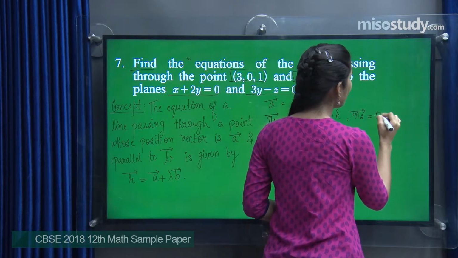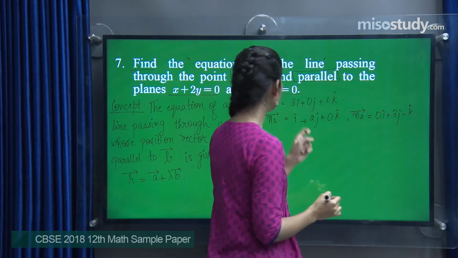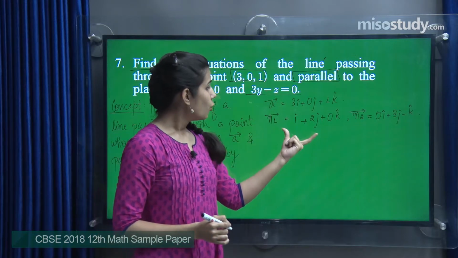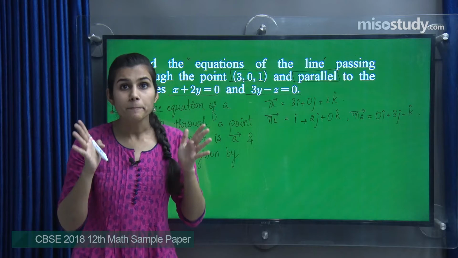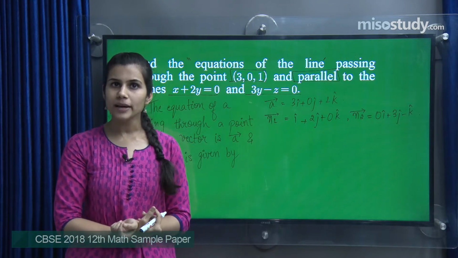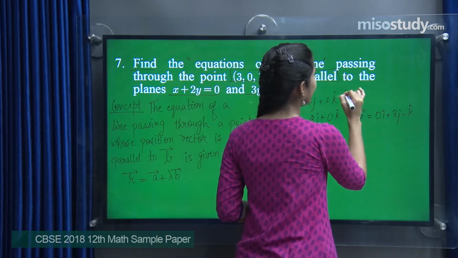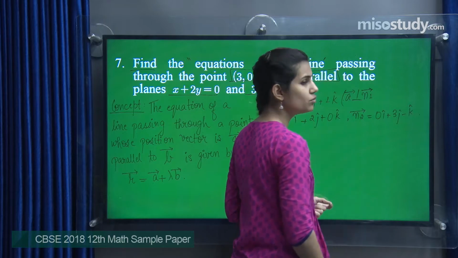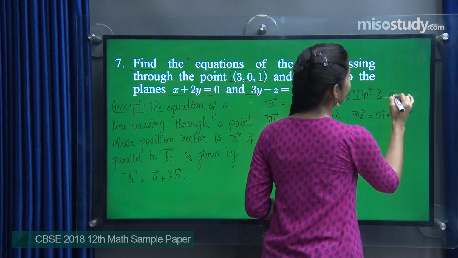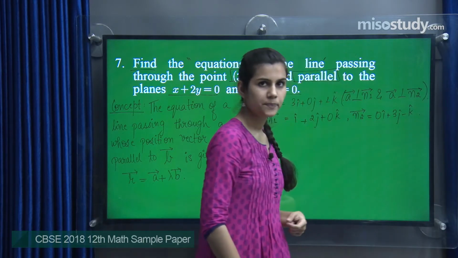This gives you 0i cap plus 3j cap minus k cap. That means if the line is parallel to these two planes, it is perpendicular to the normals of these two planes. Correct? That means your line's direction is perpendicular to this normal, and it is perpendicular to the next normal as well.